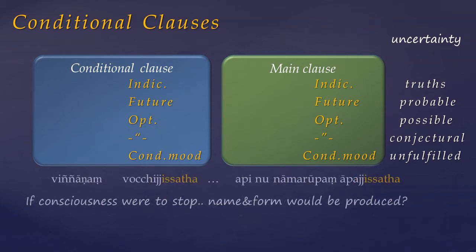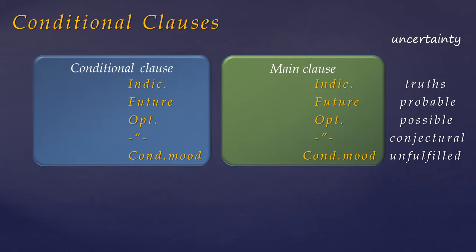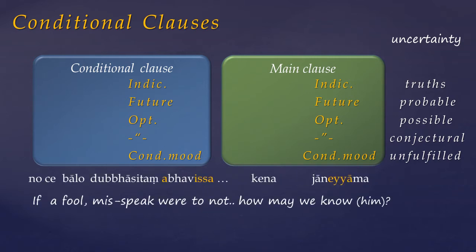And sometimes these types of statements do not require a conditional conjunctive term. Just the mere use of the verbal mood is enough to mark the conditional nature of the clause. And although there's a tendency for both clauses to take the same verbal mood, they can vary as required.